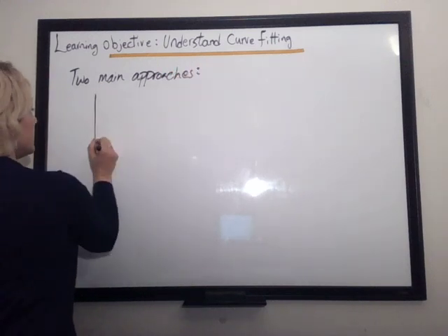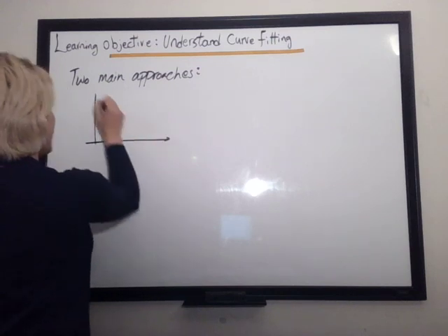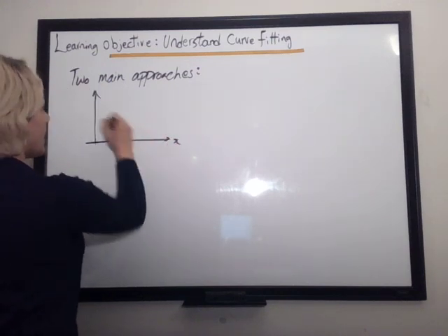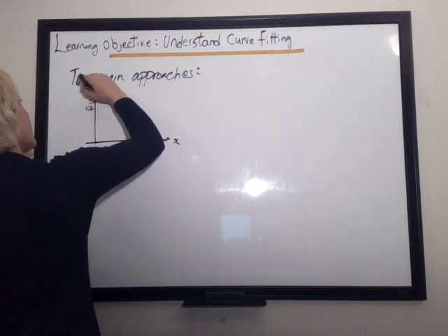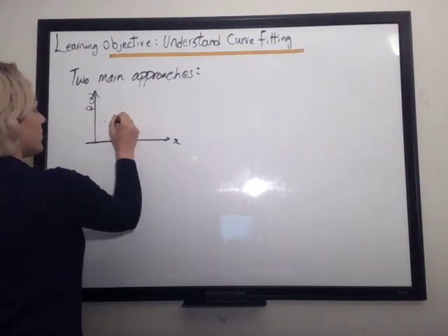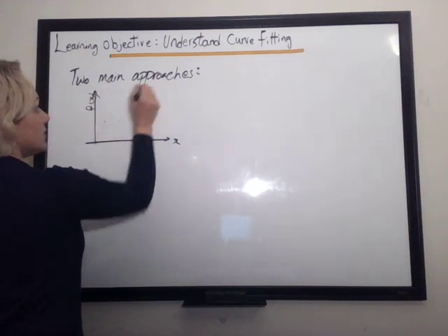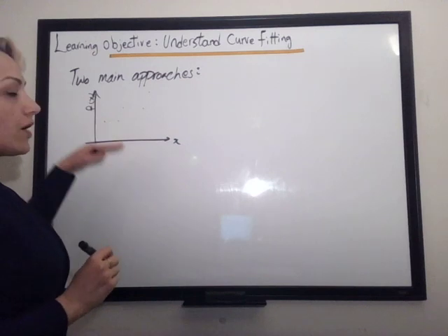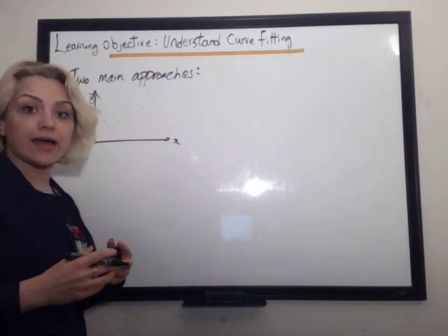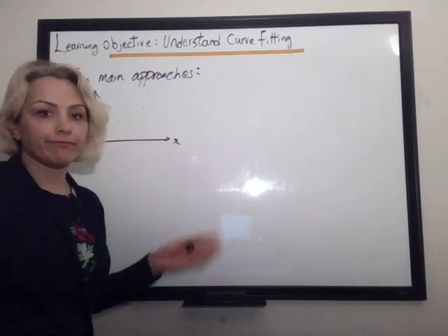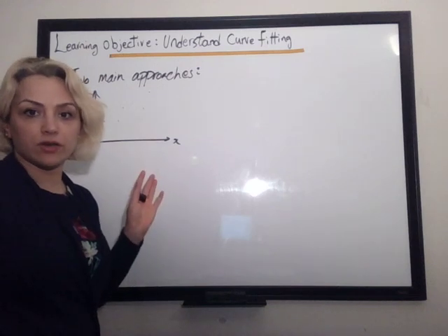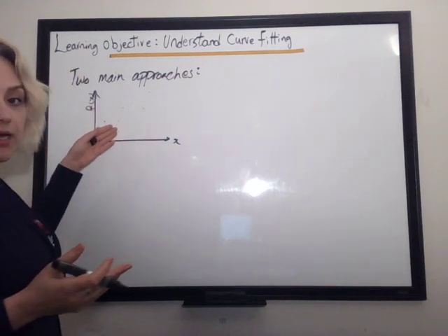The first one: f of x, let's say I have these data points, right? Then the first approach is that I'm going to just find a straight line that best describes these points.